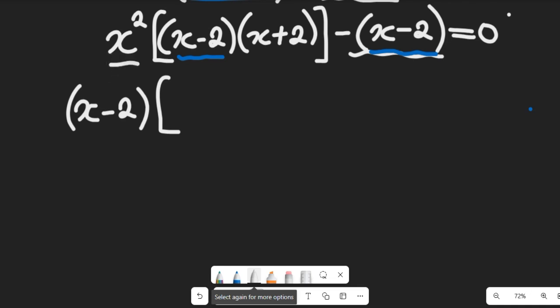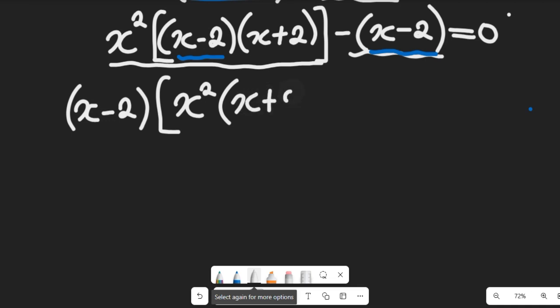So if I have all of these divided by x minus 2, I have x squared multiplied by (x plus 2), and all of these divided by this will just give me minus 1. And this will be equal to 0.